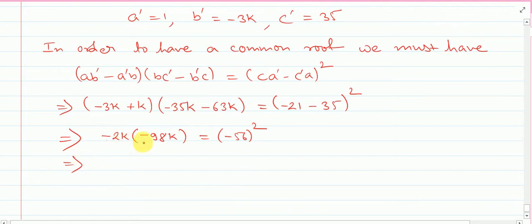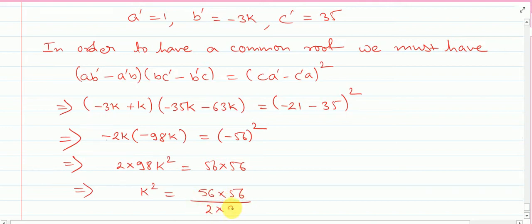Minus into minus gives plus, so 2 into 98 into k square equals 56 into 56, and k square will be equal to 56 into 56 divided by 2 into 98.